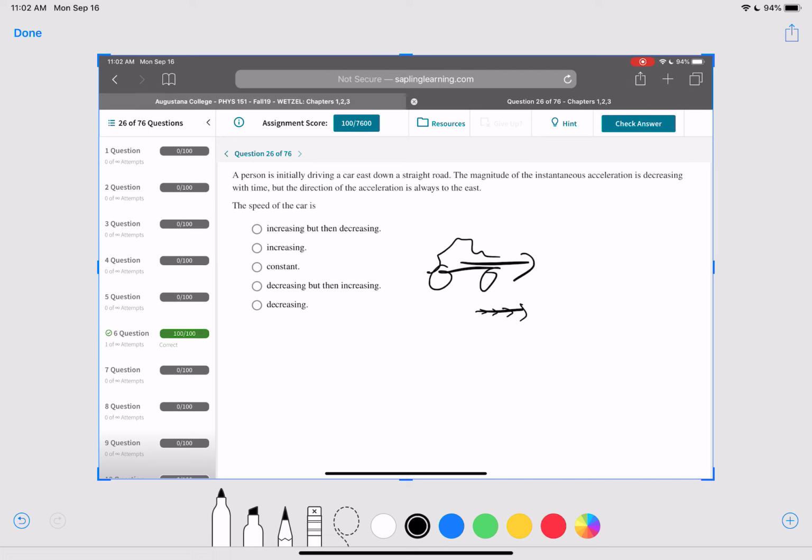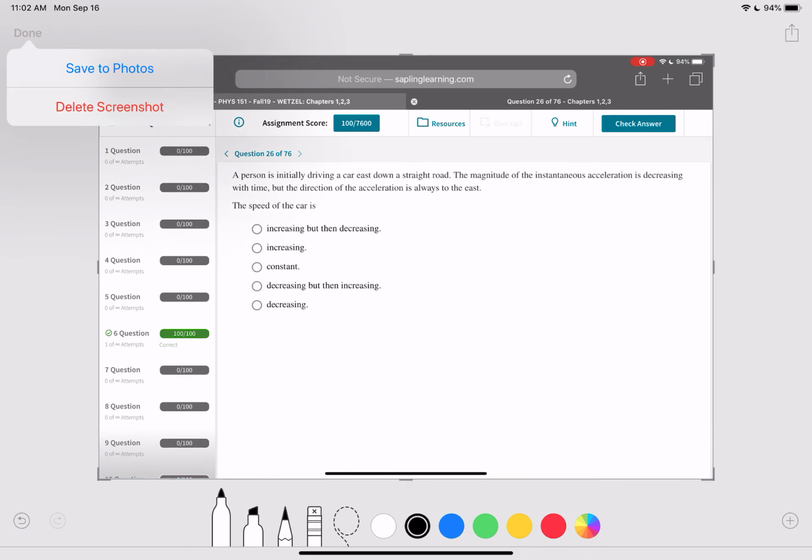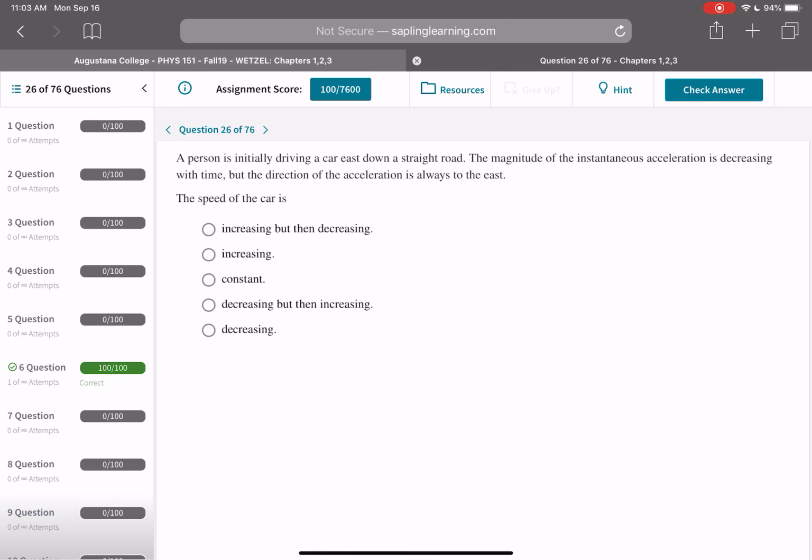So in the first second, it would go from 70 to 80. And the next second, it would go from 80 to 85. And the next second, it would go from 85 to 88. The next second, it would go 88 to 90, 90 to 91, 91 to 91.5, and so on. So it's still speeding up, but even though the acceleration is decreasing, it's still positive in that direction. Okay, same thing.